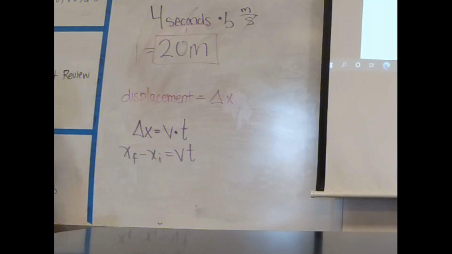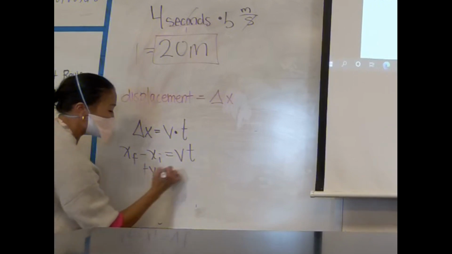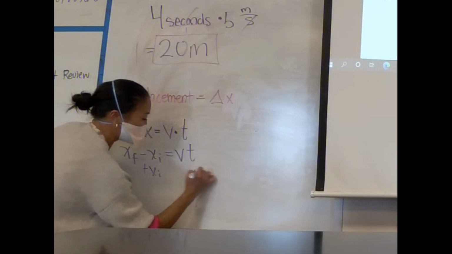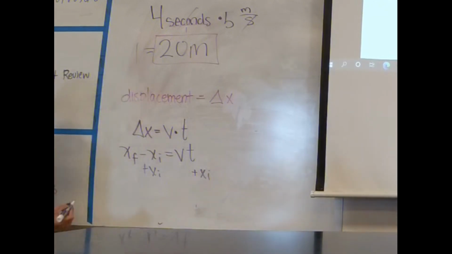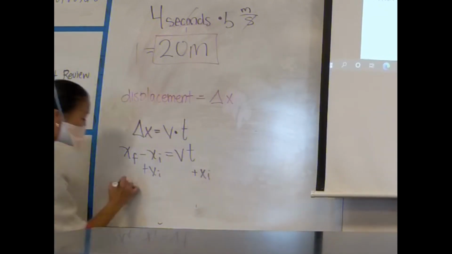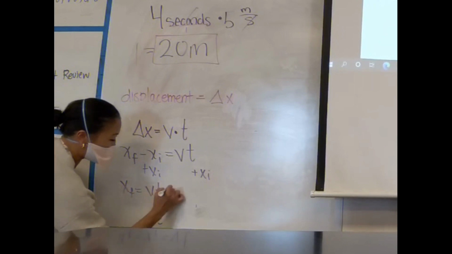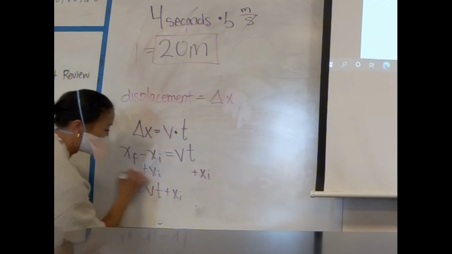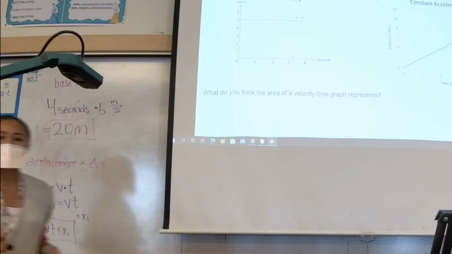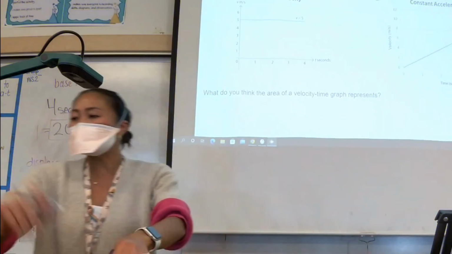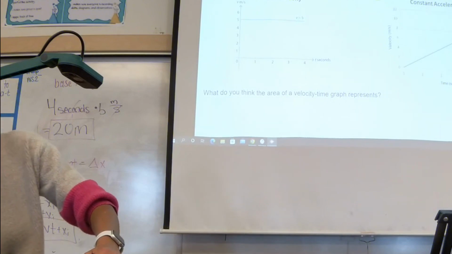And then last but not least, you've got this in your physics helper. If I just added this initial position to both sides, I have an equation in my physics helper, which is x final equals velocity times time plus x initial. This is literally in your physics helper.